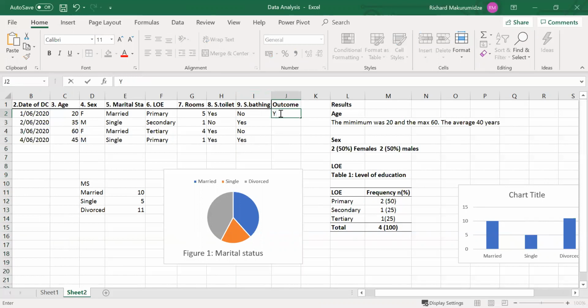Maybe you are doing a study about stigma, adherence, viral suppression, retention in care, whatever you'll be studying. At the end of the day, you want to see the relationship between your other variables, which we usually call independent or exposure variables, and the outcome variable. In this case, our outcome variable might be getting corona. That's our outcome.